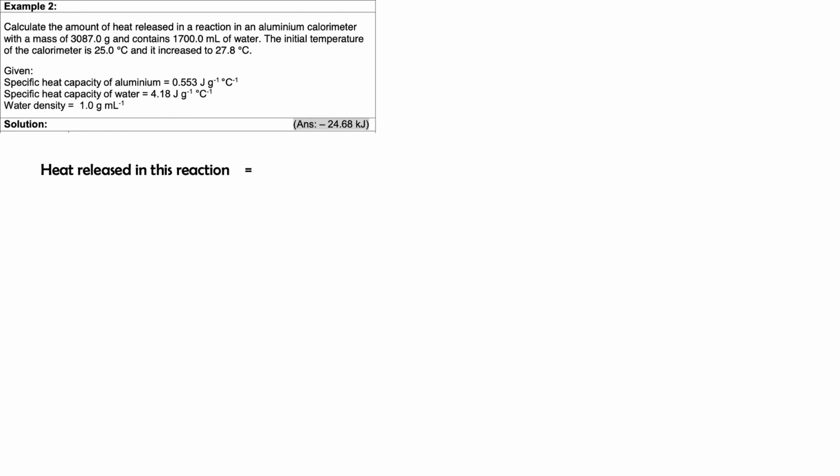In this case, as we mentioned before, the surrounding is the calorimeter and also the water. So we apply the formula MC delta T as we are given specific heat capacity for water. And for the calorimeter, we also apply the same formula, which is MC delta T.